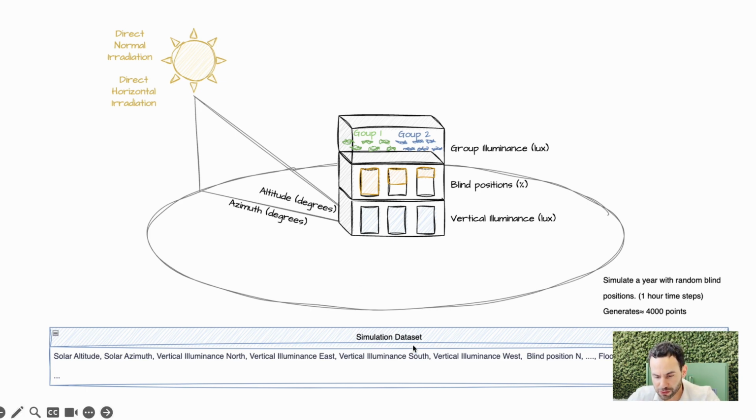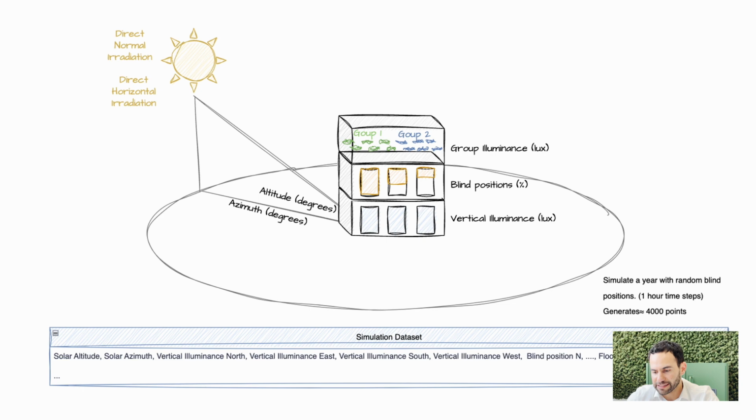That creates what we call a simulation data set, which consists of information such as solar altitude, solar azimuth, vertical illuminance in the north, vertical illuminance in the east, vertical illuminance in the south, and so on, and the blind positions from 0 to 100.